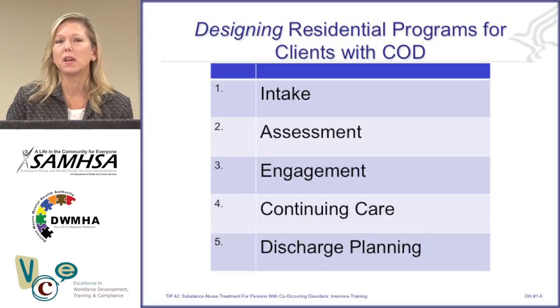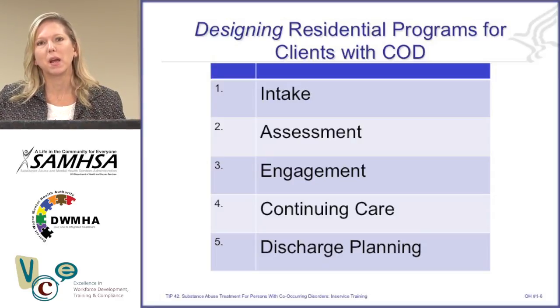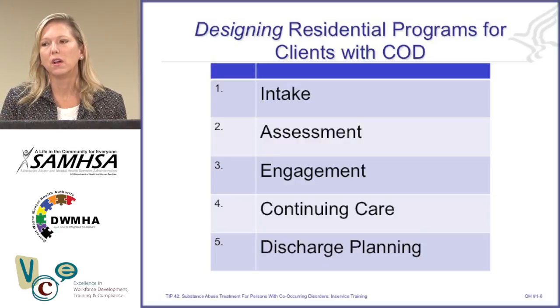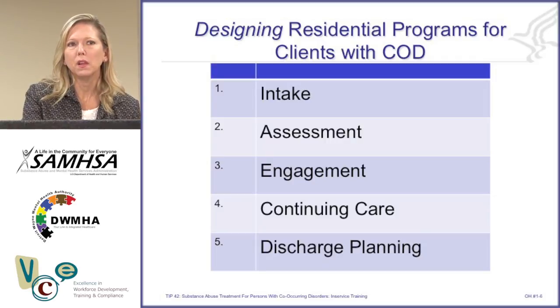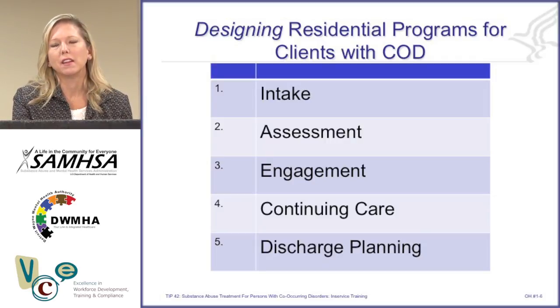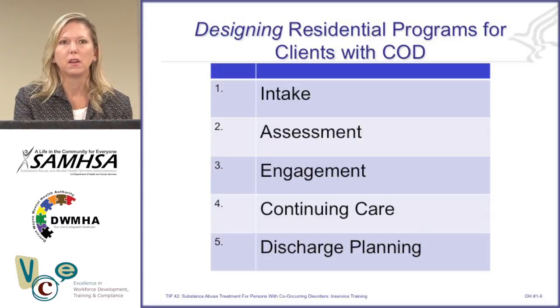It could also be continuity of care across a level of care. How do you help tie together treatment episodes so that you're participating in the person's life in an ongoing, helpful and hopeful way? And finally, how do you do discharge planning? How do you plan for the person's transition to non-treatment, to recovery in the community?